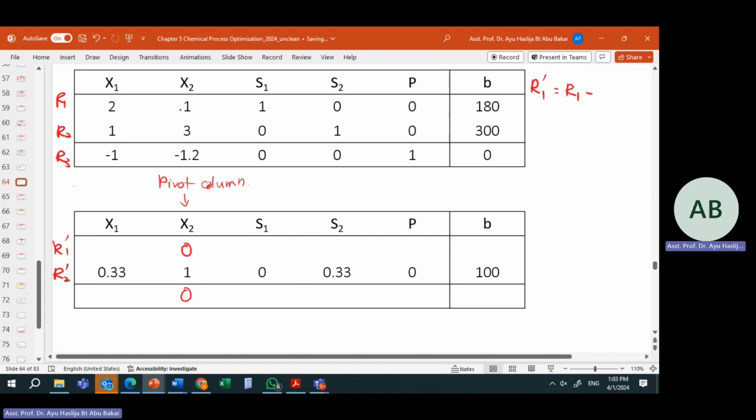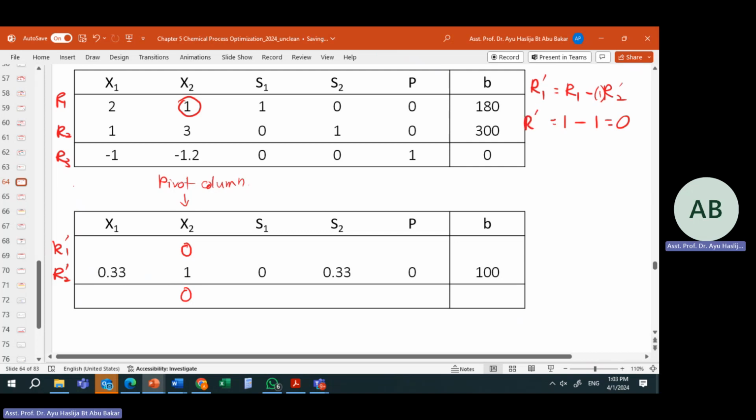R1 is 1, R2 is 1. So how to make it 0? R1 minus R prime 2. In front here is 1 because this is 1. Let's try. R1, 1, minus R2, 1, equals 0. Now we get 0 here.